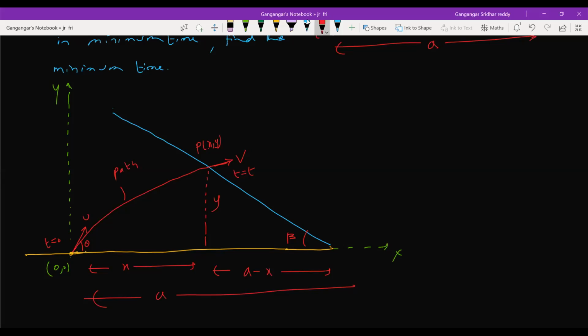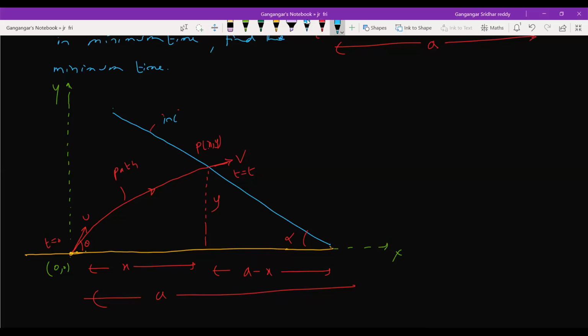This is the trajectory path. This is the angle of inclination, given as alpha. After reading the question, anybody can proceed till here.